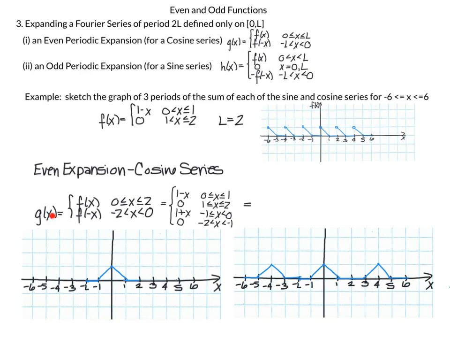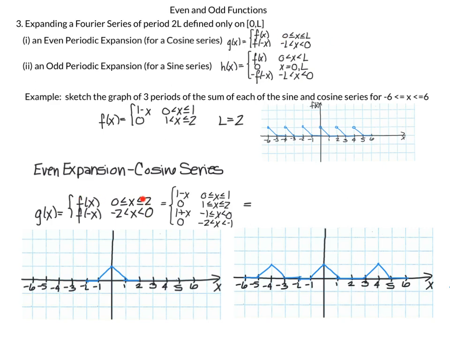So g of x is equal to f of x between 0 and 2, and f of negative x between negative 2 and 0. I'm getting that straight from the definition: g of x is f of x for the positive portion, and f of negative x for the negative portion of my period.